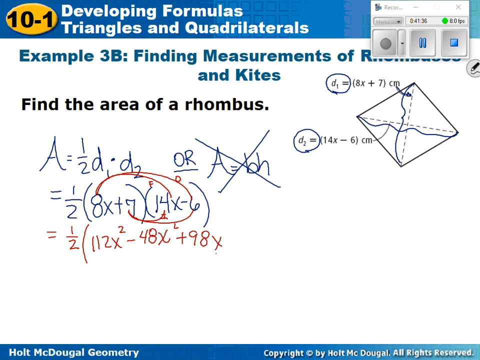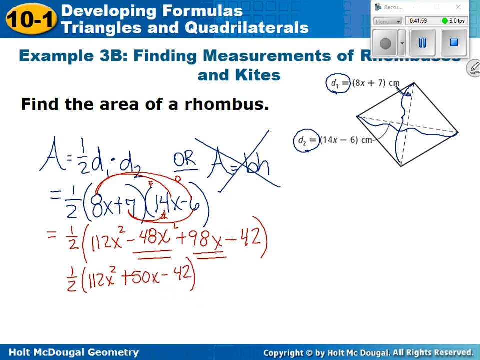And then 7 times negative 6? Negative 42. Okay, what can we do from there? Simplify. What's negative 48 plus 98? 50. So we have 1/2 of 112x squared plus 50x minus 42.